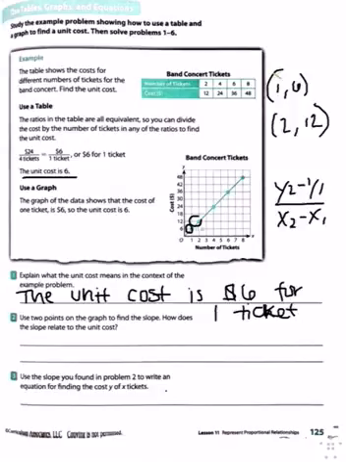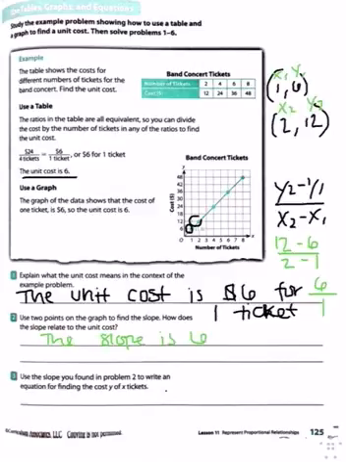First step is label the points, x1, y1, x2, y2, and then I can solve it. 12 minus 6 over 2 minus 1. 12 minus 6 is 6, 2 minus 1 is 1, so my slope is 6.